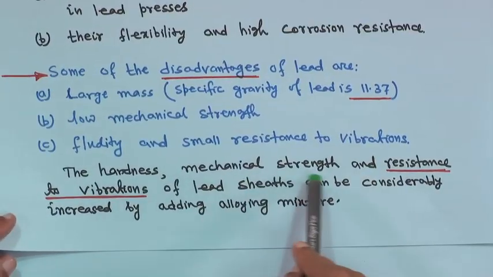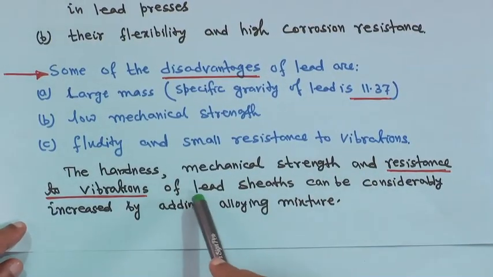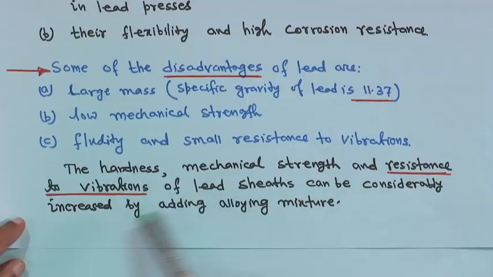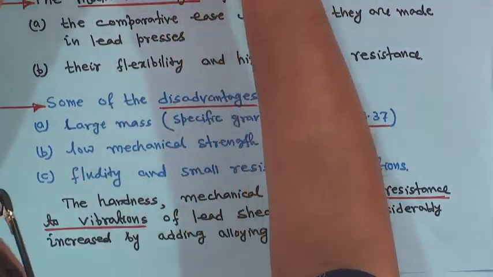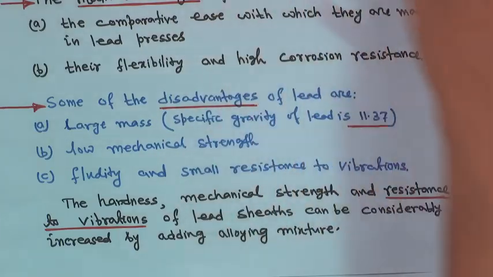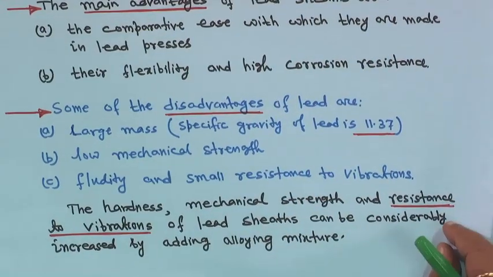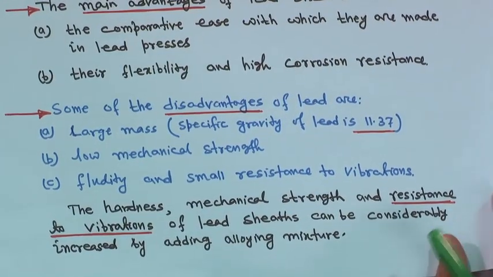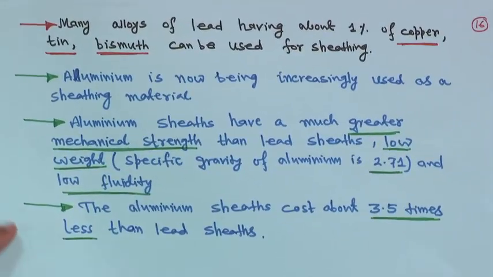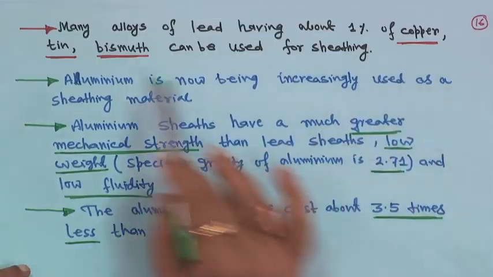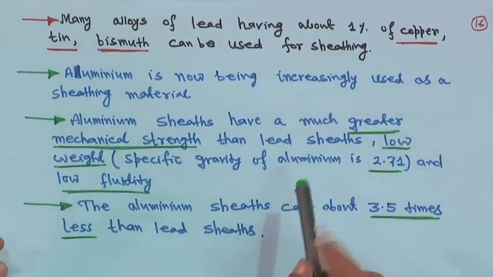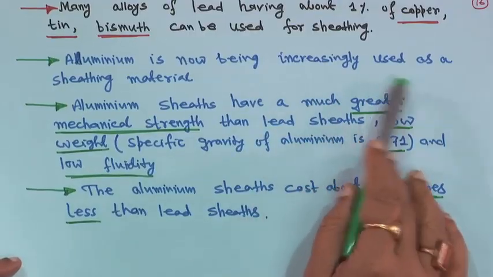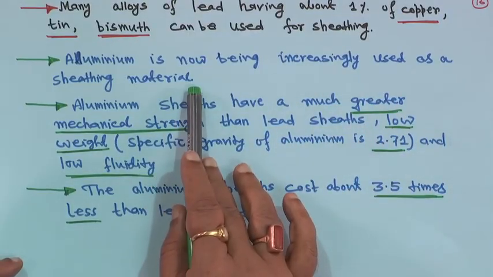The hardness, mechanical strength and resistance to vibration of lead sheath can be considerably increased by adding alloying mixtures, such as copper, tin or bismuth. Many alloys of lead having about 1% of copper, tin or bismuth can be used for sheathing, but aluminum is now increasingly used as a sheathing material.